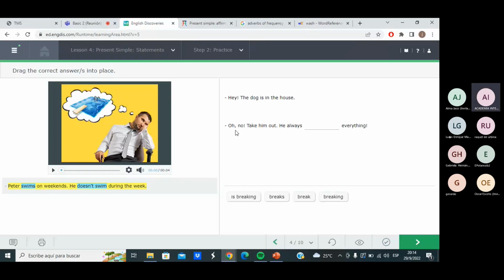Hey, the dog is in the house. Now, can you complete this one? Breaks. But can you read the whole sentence with the word that is missing?